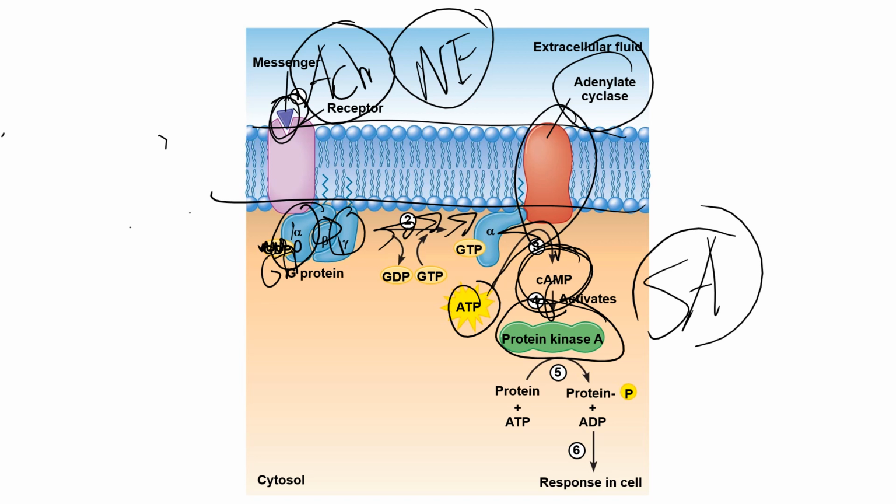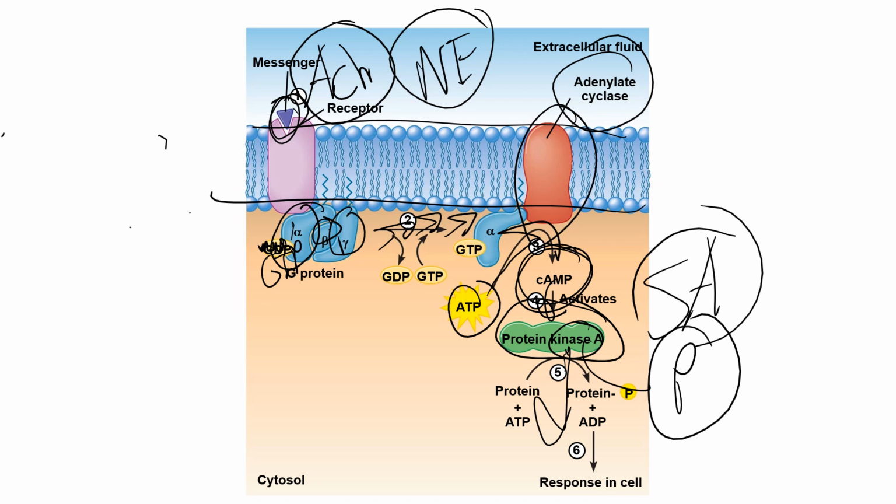Protein kinases are enzymes that phosphorylate things. So if protein kinase A is activated, it'll start going around intracellularly and phosphorylating things. That's exactly what's going to happen in the cyclic AMP pathway.